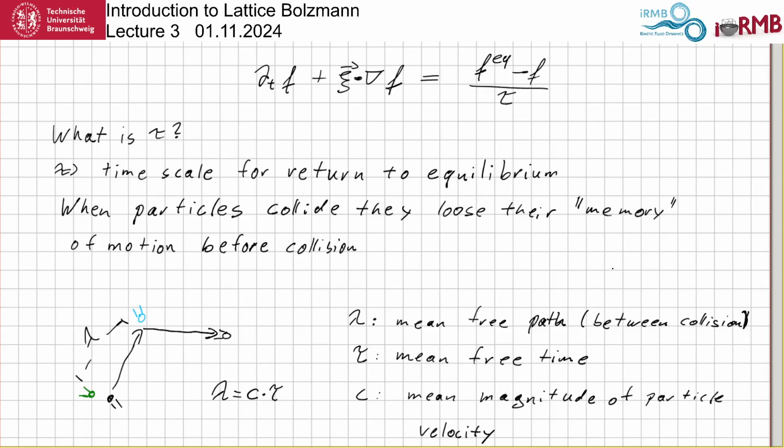But the magnitude of their velocity is, of course, not 0. They are always in motion, but these motions cancel out in all directions. So it's actually the root mean square of the velocity.